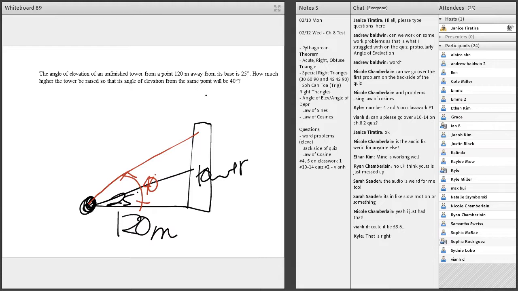So the big goal is to figure out how much taller, how much more do we have to raise the tower? How much more do we have to build? How many more layers? So essentially we are finding X from using the 25-degree picture, and we're going to find Y. So it's just like the car 1 and car 2 situation, and that's the 40-degree picture.